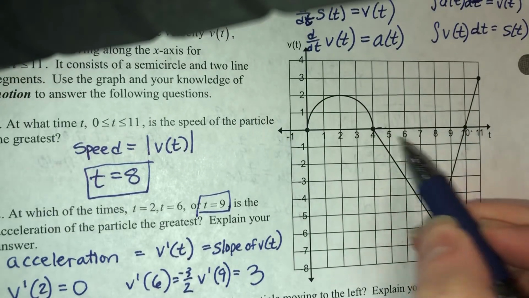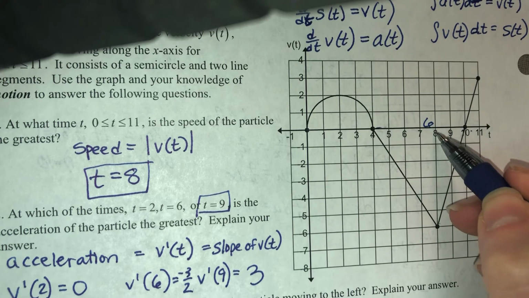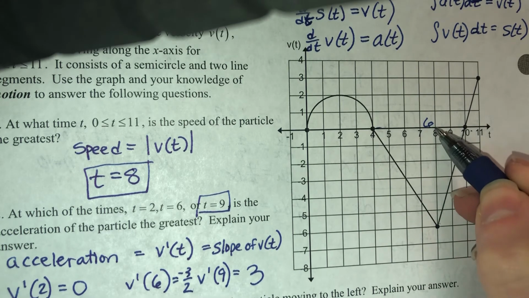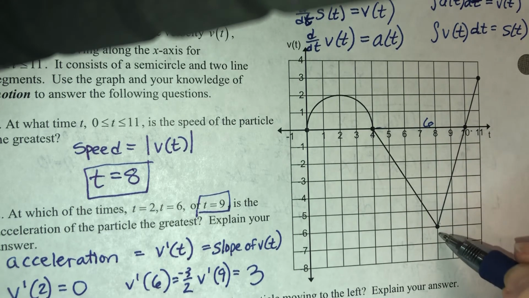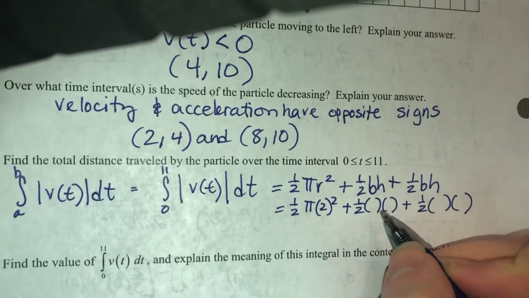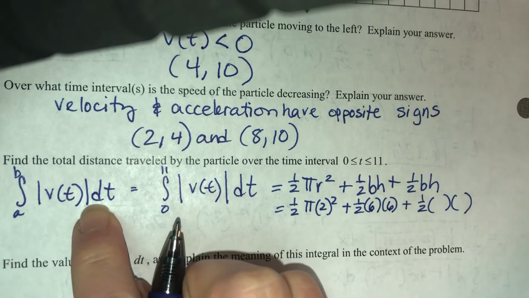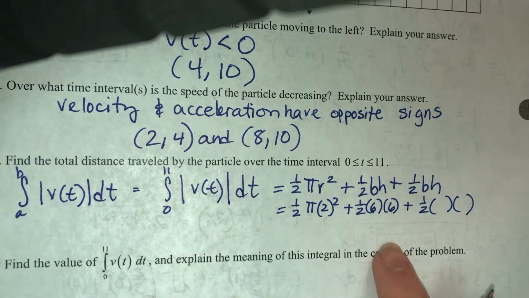So this one has a base from 4 to 8, which would be 6, and a height perpendicular to the base of 6. And remember, I'm using positive values because we're doing the absolute value of the velocity, so we want all our areas to be positive.